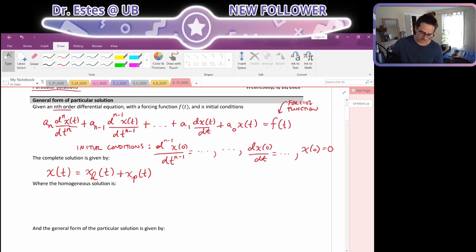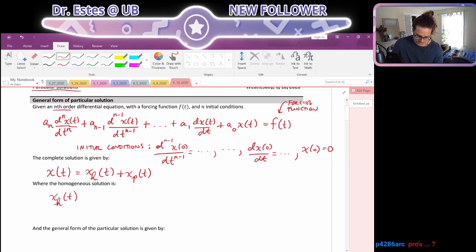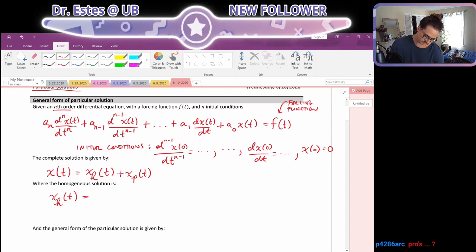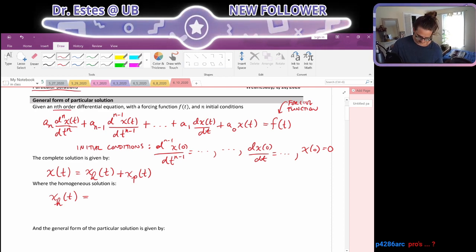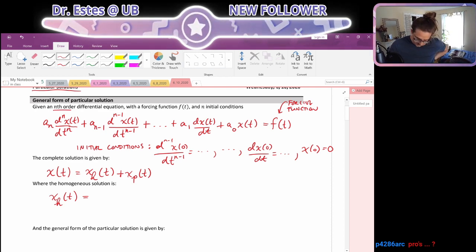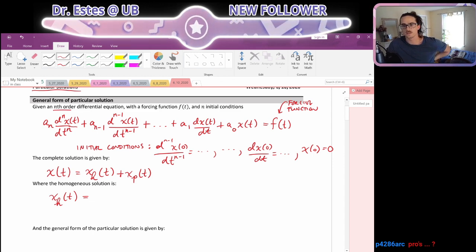The homogeneous part, let's say this is nth order. So we'd have n roots.